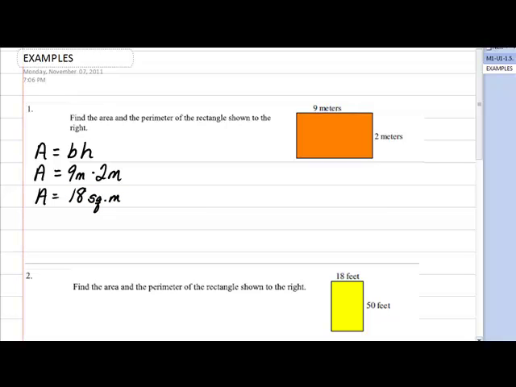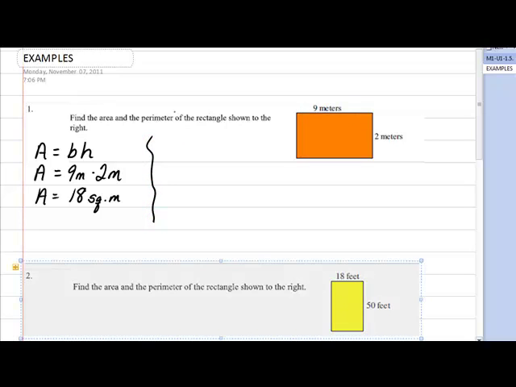So area is always measured in square units, because you would be saying there were 9 of those and 2. This is not at all drawn to scale, but if it were, you would see that there were little square meters, but that is not drawn to scale.